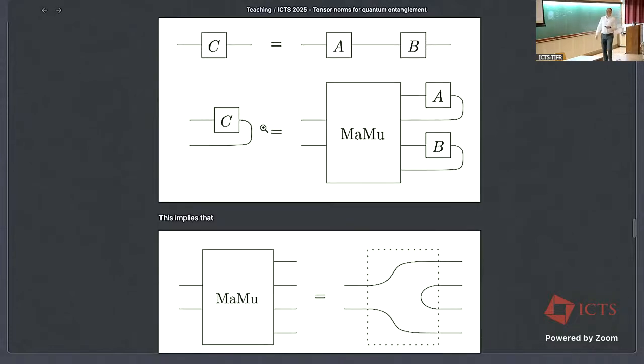So this is the diagram such that if I put this here, I get precisely the first picture, right? If you put A here, this corresponds to this leg here, this one would be this one, and then you get C, you get the matrix.